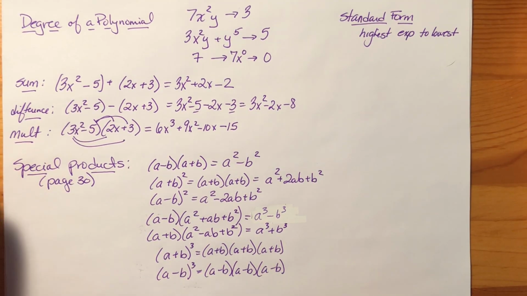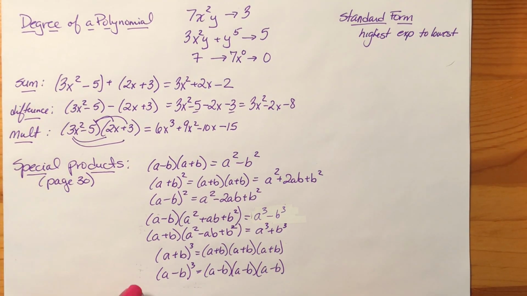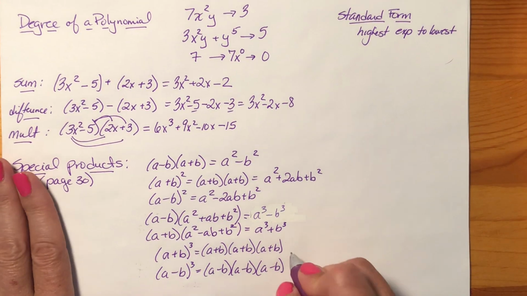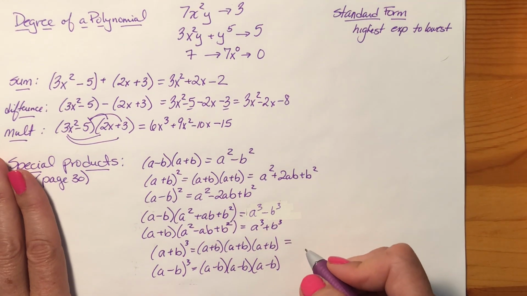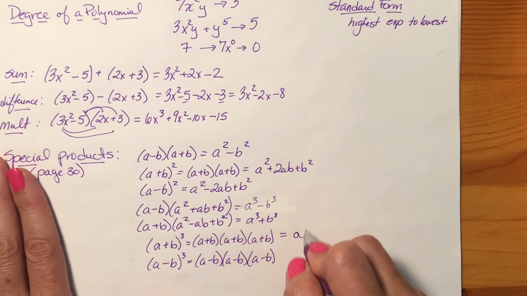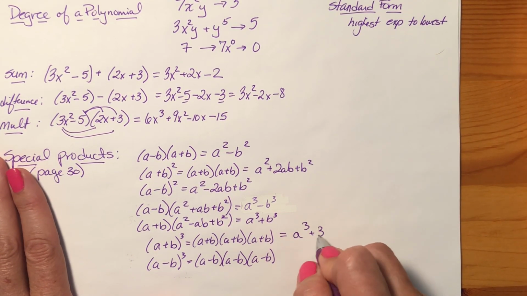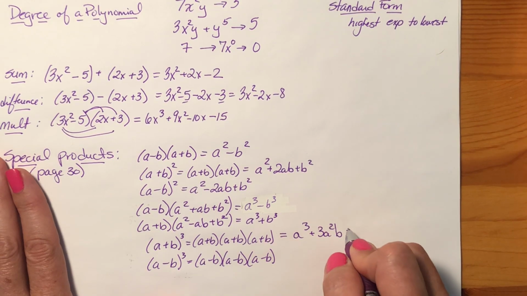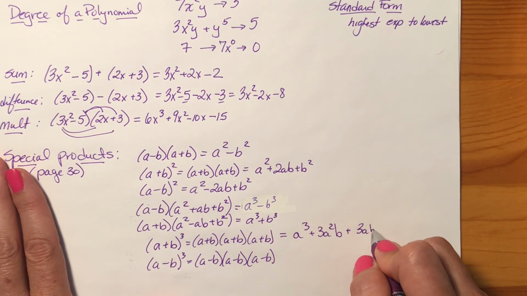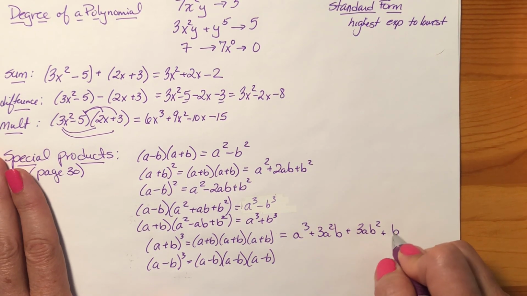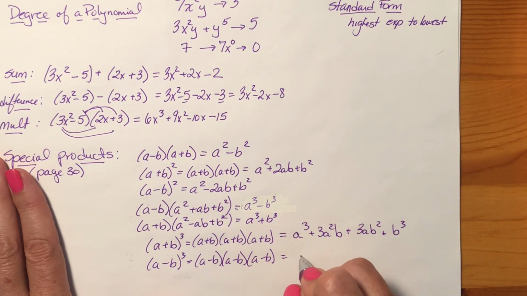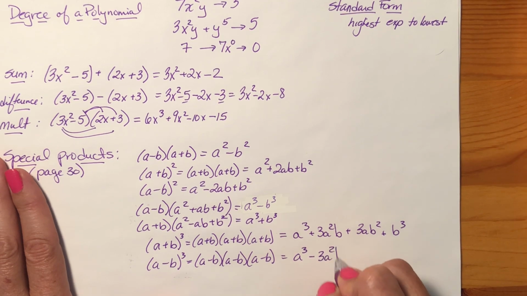Those of you that know Pascal's triangle, you can look to row 3, you look at your coefficients. Your coefficients of Pascal's triangle are 1, 3, 3, 1, and that would give us the very special product of a cubed plus 3a squared b plus 3ab squared plus b cubed, all right? And so we would do the same thing here with the minus sign. Notice our signs are going to alternate every other sign.